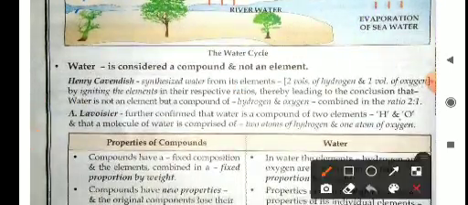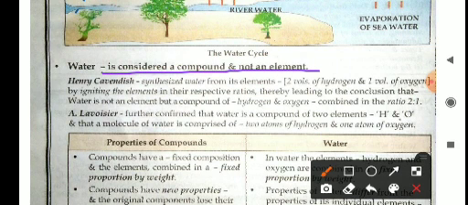Now, water is considered a compound and not an element. How can it be an element? Because in water there are two elements present, oxygen and hydrogen, and as we know, if in any substance two or more elements are present in a fixed amount, then they are known as compounds.